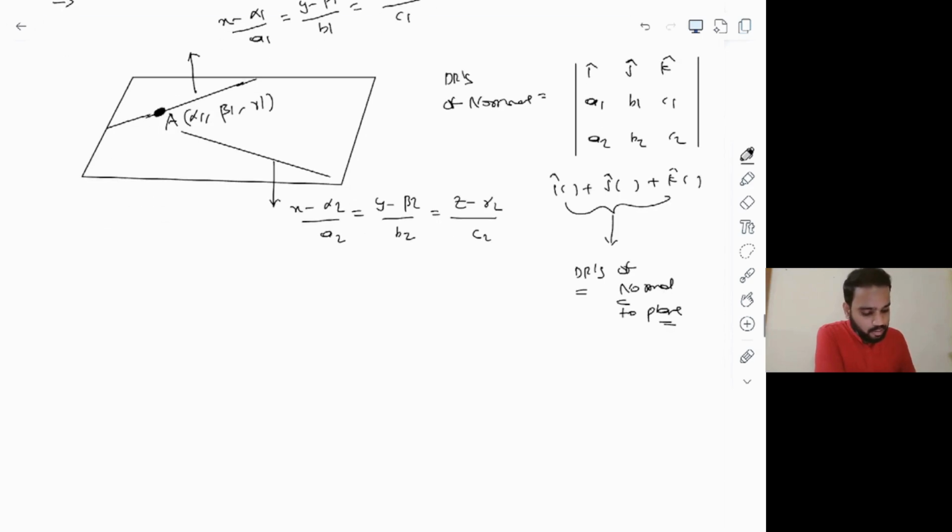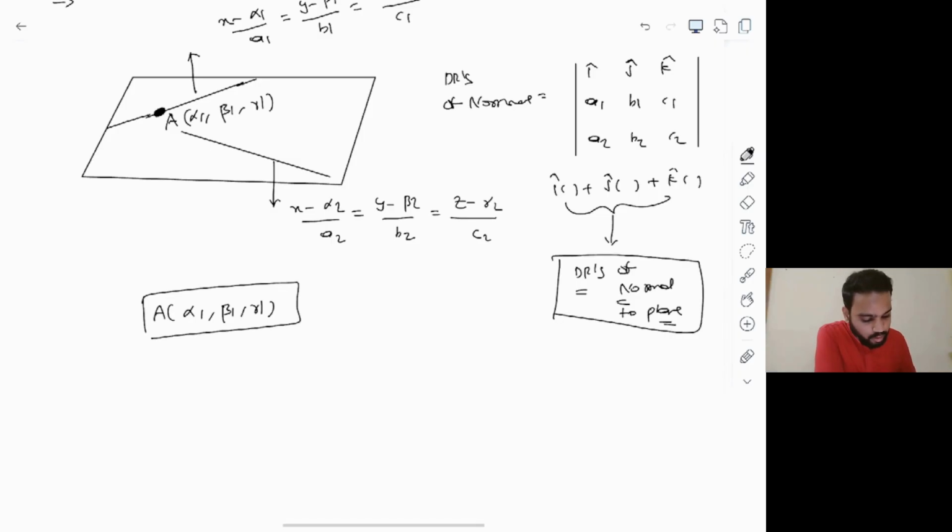Okay, so what you need to do is take the point on the line, which is α1, β1, γ1. So you have a point on the plane, you have the DRs of the normal to the plane. Use this and obtain the plane equation. Okay, I hope you understood what to do.